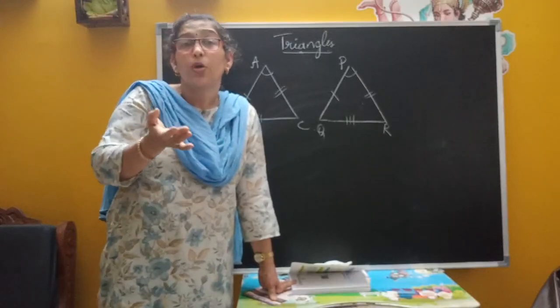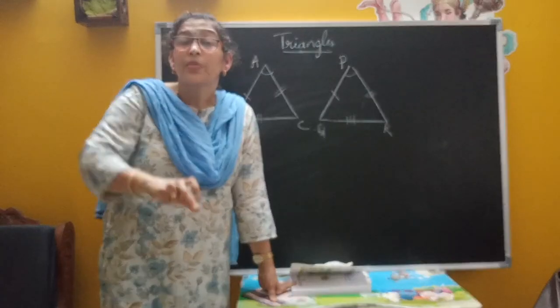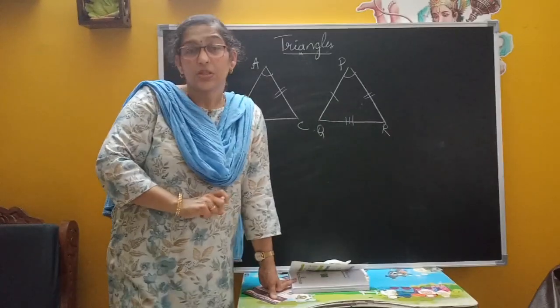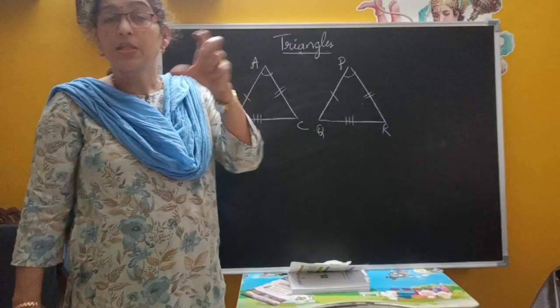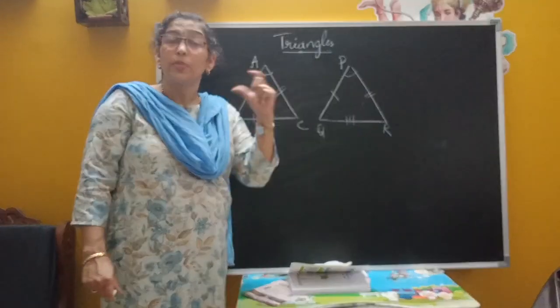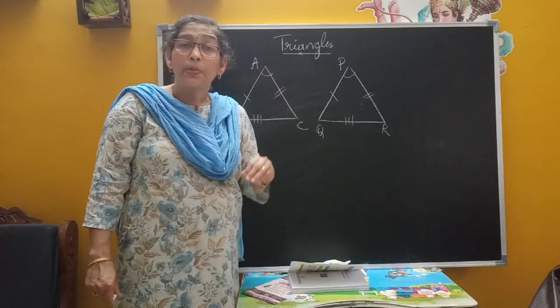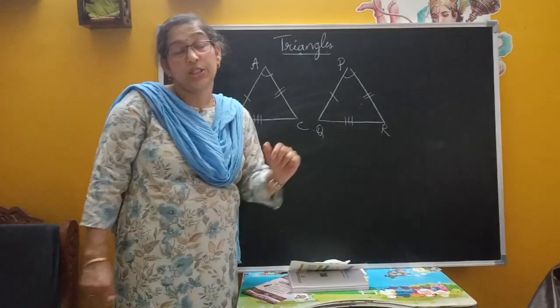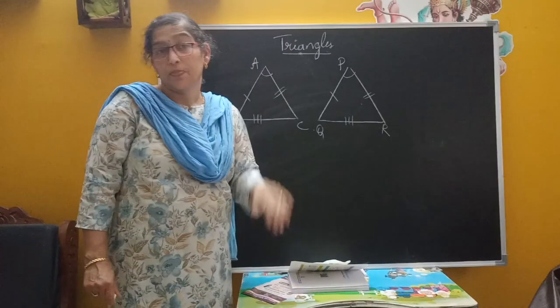That is nothing but examples for similar figures. Similar dress with different size. So what are similar figures? Similar figures are the geometrical shapes or geometrical figures with the same shape but of different size. I hope now the concept is very clear.